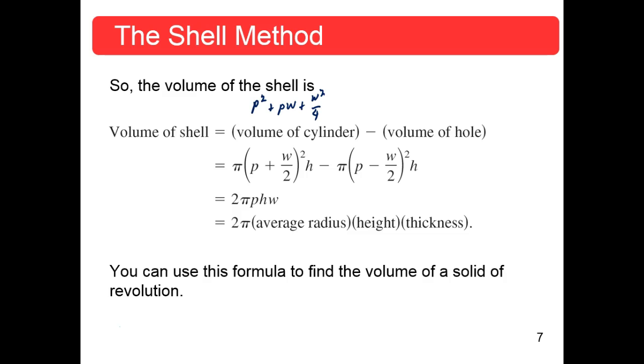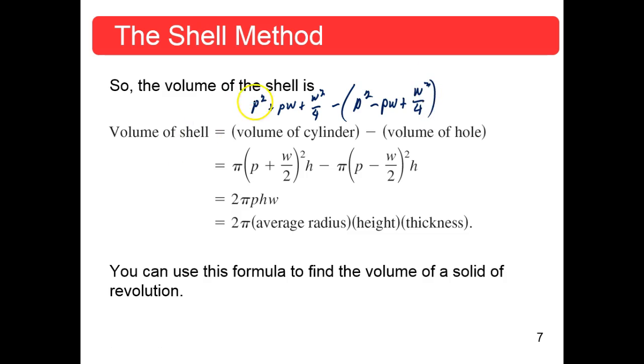So that's this first square. Like I said, we already pulled out the pi and the h, so we're just doing this thing minus that thing squared. That thing squared is going to be fairly similar. Minus, this will be a P squared, minus PW, because twice PW over 2, the 2's cancel out, and then plus W squared over 4.